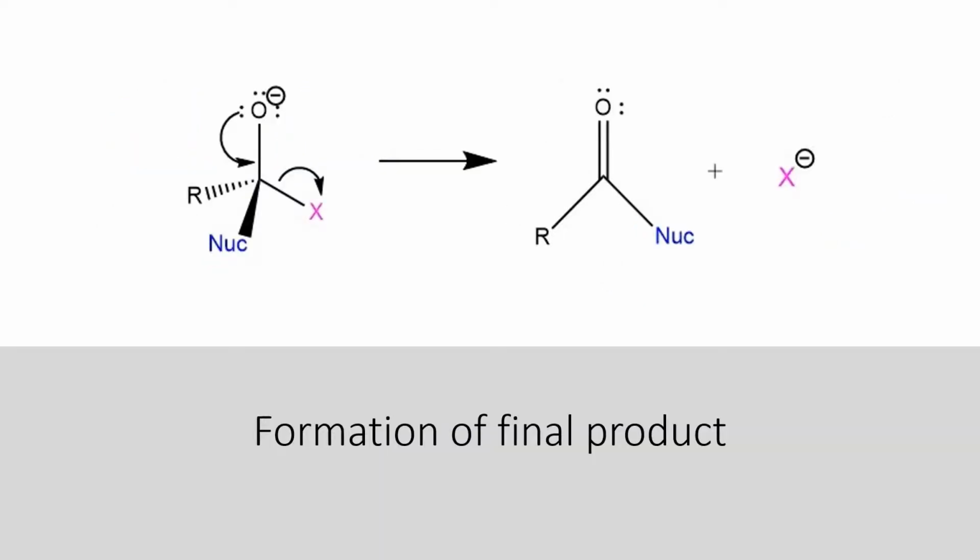To form the final product, that electron pair on our oxygen will come back down and regenerate that carbonyl bond. As this happens, the original substituent of that carbonyl carbon is forced off, and we have only this nucleophile that just attacked remaining.